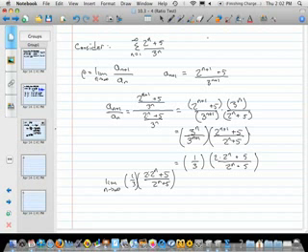Well, the plus 5 is irrelevant. So as n goes to infinity, this is just going to be 1/3 multiplied by 2 times 2 to the n over 2 to the n, and the 2 to the n's cancel out, and this is just 2/3.